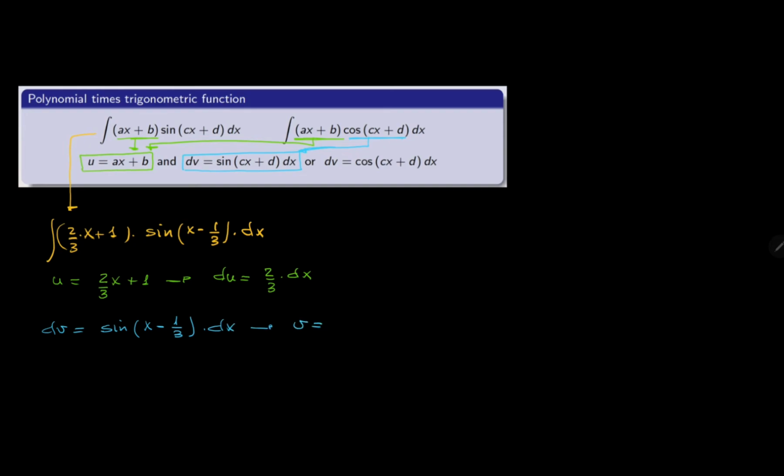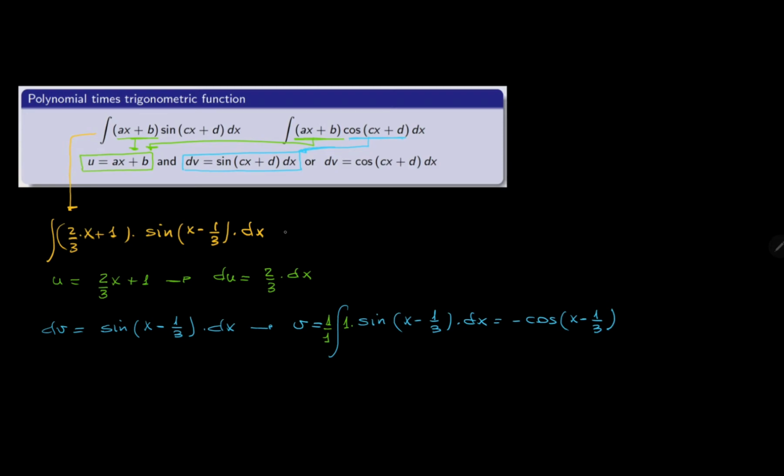And I integrate the sine function and I get the integral of the sine of x minus 1/3 dx. The derivative of the expression inside the sine function is 1, so I cancel with 1 outside. It's like writing nothing. So this is straightforward. The integral of the sine function is minus cosine of x minus 1/3.